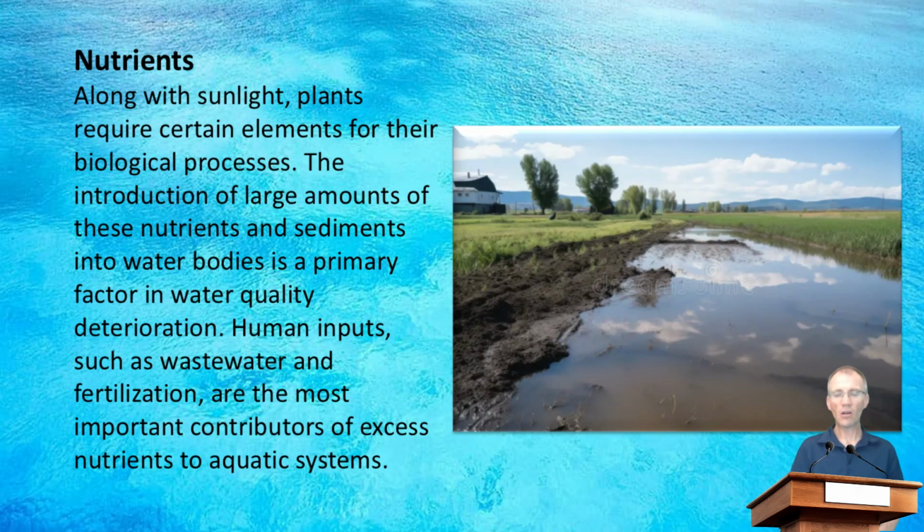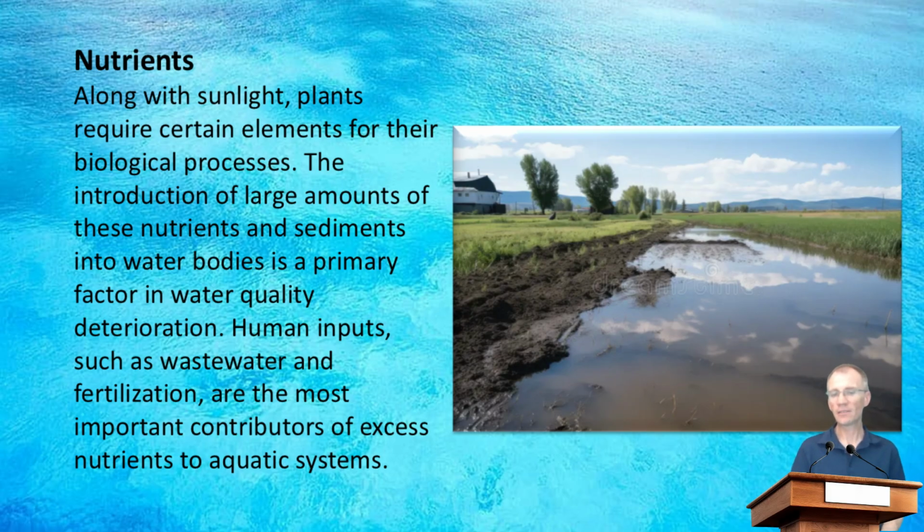Nutrients. Along with sunlight, plants require certain elements for their biological processes. The introduction of large amounts of these nutrients and sediments into water bodies is a primary factor in water quality deterioration.